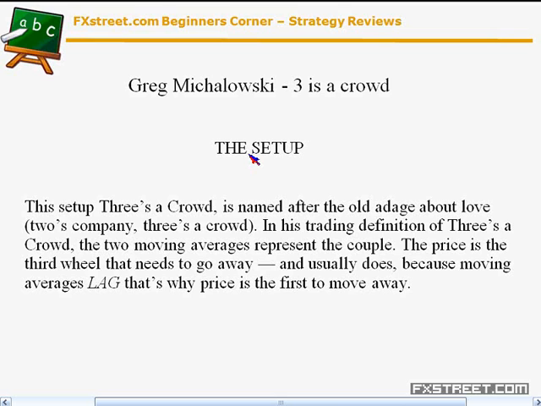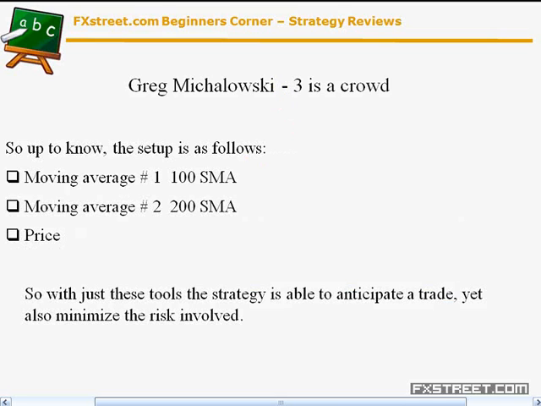That's the base of the strategy, okay? So up to now, the setup is as follows: a 100 moving average, a 200 moving average, and price, okay? Just with these three tools, the strategy is able to anticipate a probable market movement, yet also help us minimize the risk involved, right?